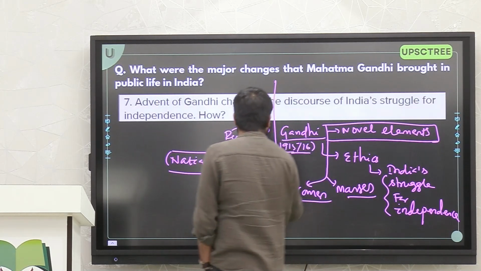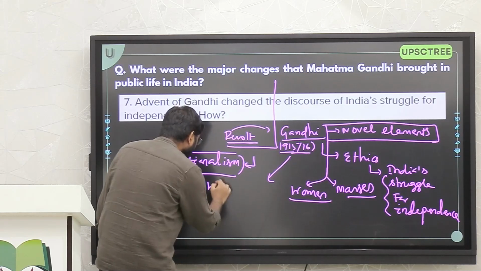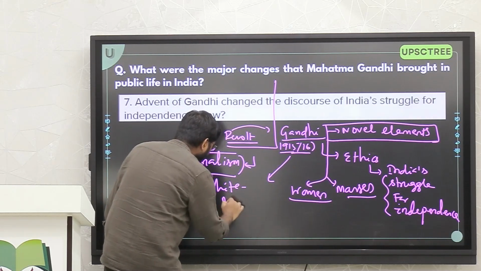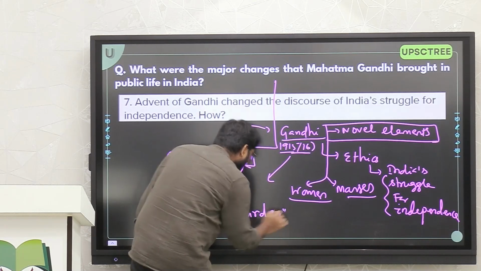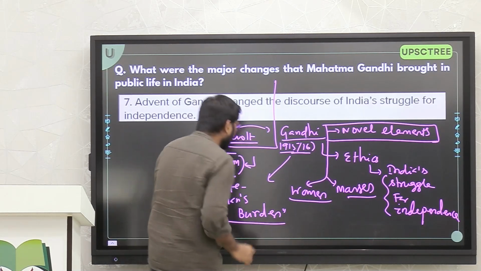And he will expose the white man's burden, जो था, the idea that as a group of people who are not civilized, that's why the British were there to civilize us.